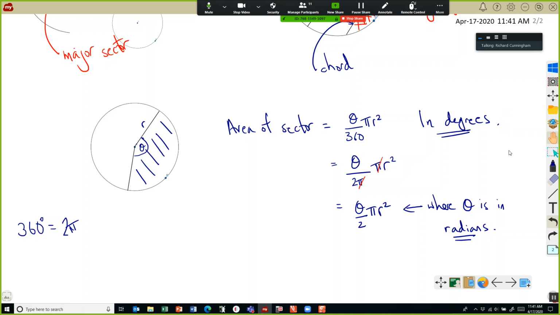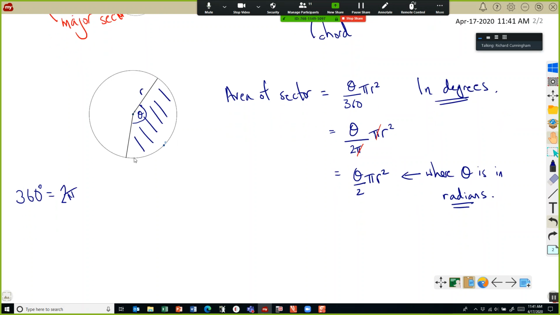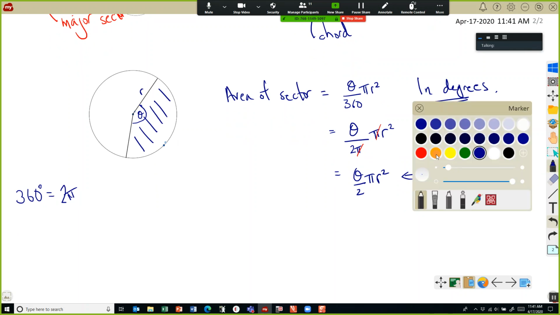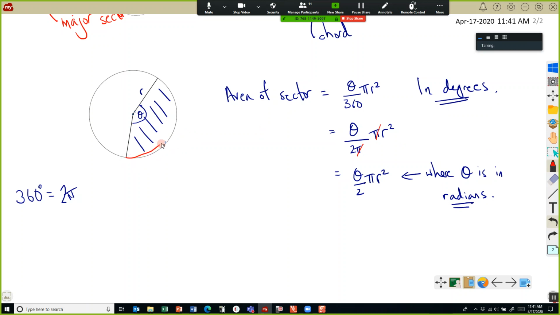Let me just do the formula for our arc length. Okay, let's say we wanted to work out the length of this arc, that I have not drawn very nicely. How do I work out the length of an arc?